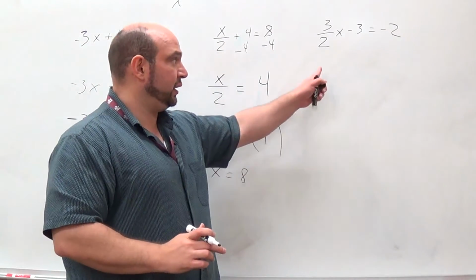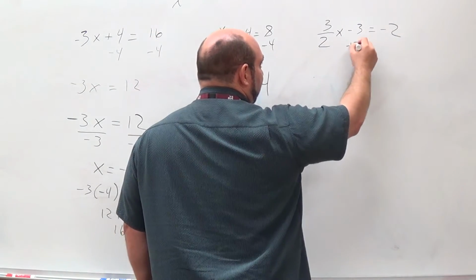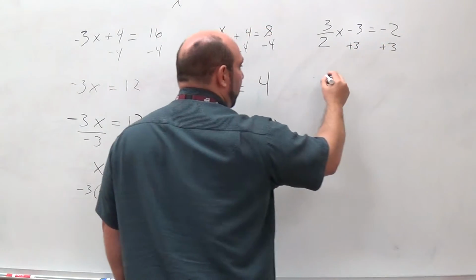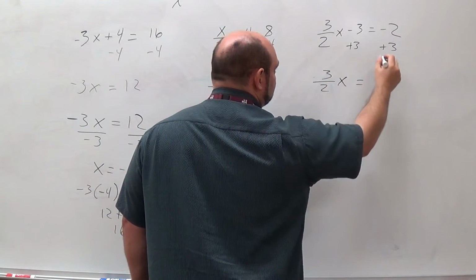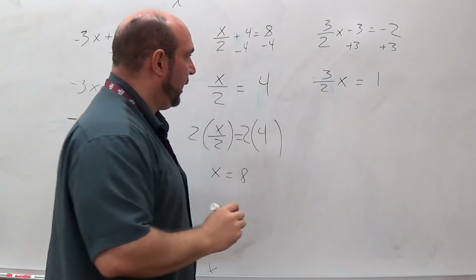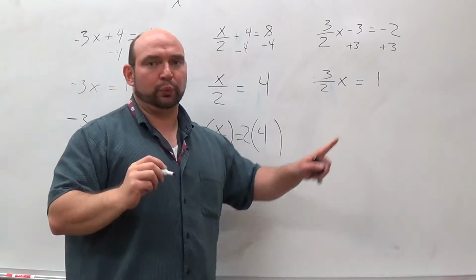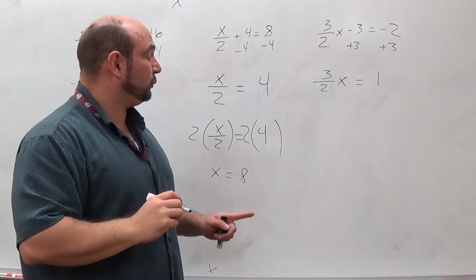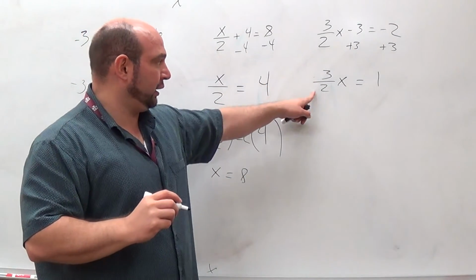Now in this case here, I got a negative 3. So I add the 3 to both sides. So I have my 3/2 x is equal to 1. All right. So I've got a 3 and a 2 here.